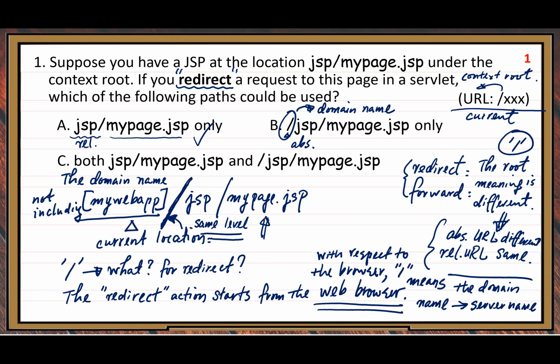For forward, the story is completely different. So the B option is incorrect, and only the A option is correct for the first question. That's the reason behind which one is correct and which one is incorrect.